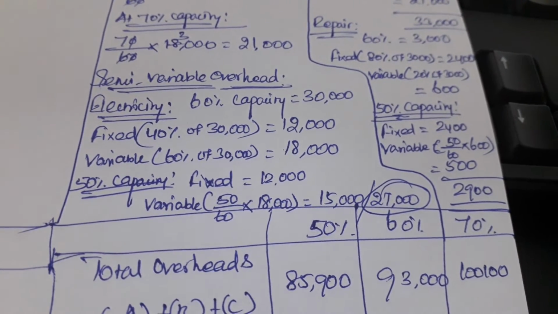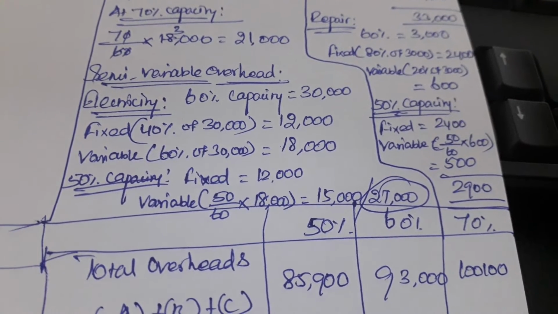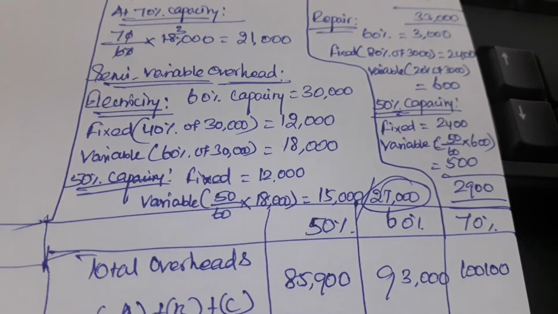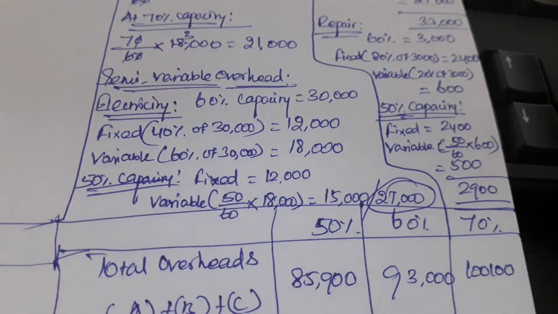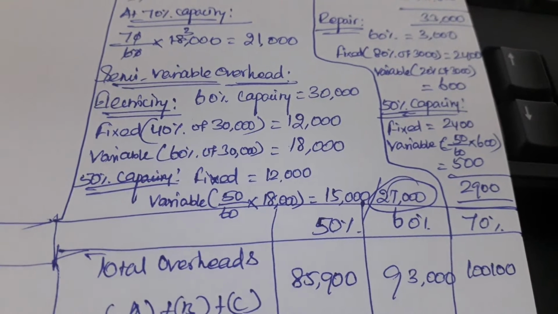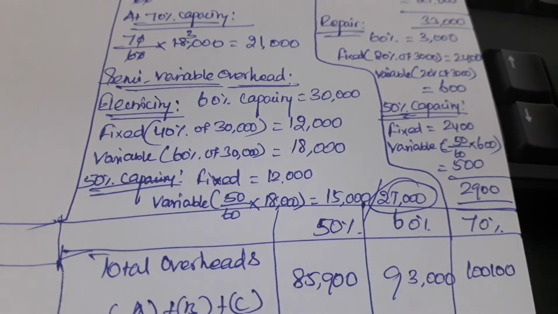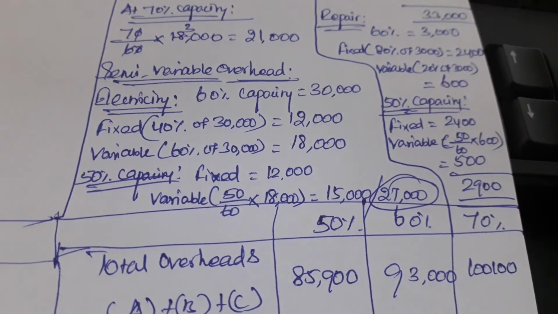The same way we calculate for the 50% capacity. At 50% capacity, fixed will never change, so we write down 12,000. Now we calculate the variable overheads.